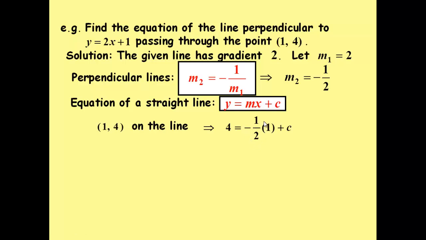So we put that in, we get minus a half for our m. We also put in our x and our y as we did with the previous example to find out c. We get c as 4.5 or 9 over 2.